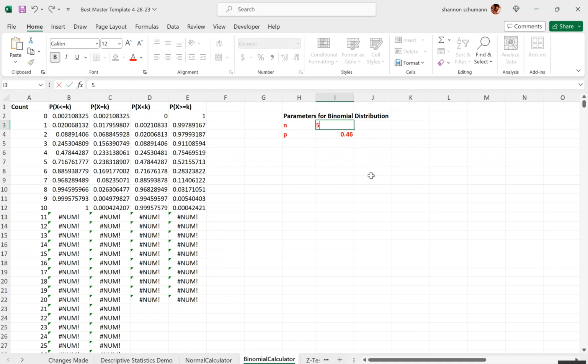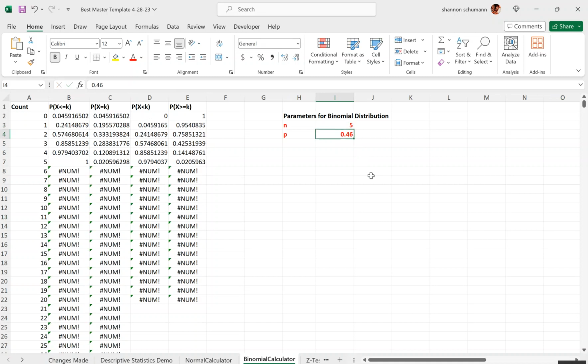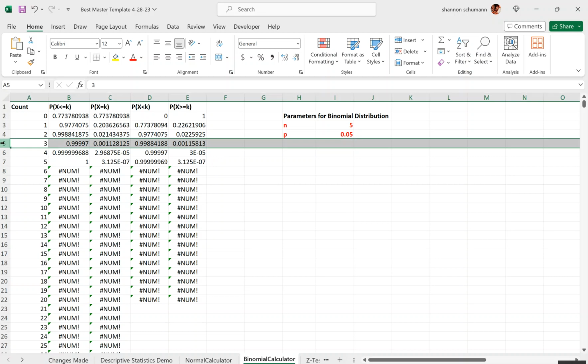So he makes 5 free throws. His probability of making any one of those shots is 5%. So I put in 0.05. And here's what we want. We want to know the probability that he makes 3 of them. Here's how I'm going to read this. There's the 3.